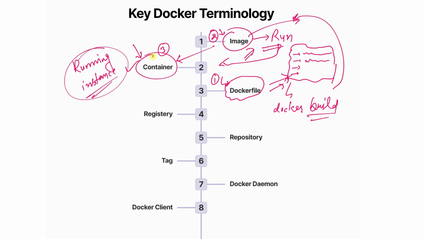Next thing, as I mentioned, we will create the images, but where will they be stored? They will be stored in a registry. So what exactly is a registry? A registry is a storage system for Docker images. Docker Hub is a public registry where you can find and share Docker images.